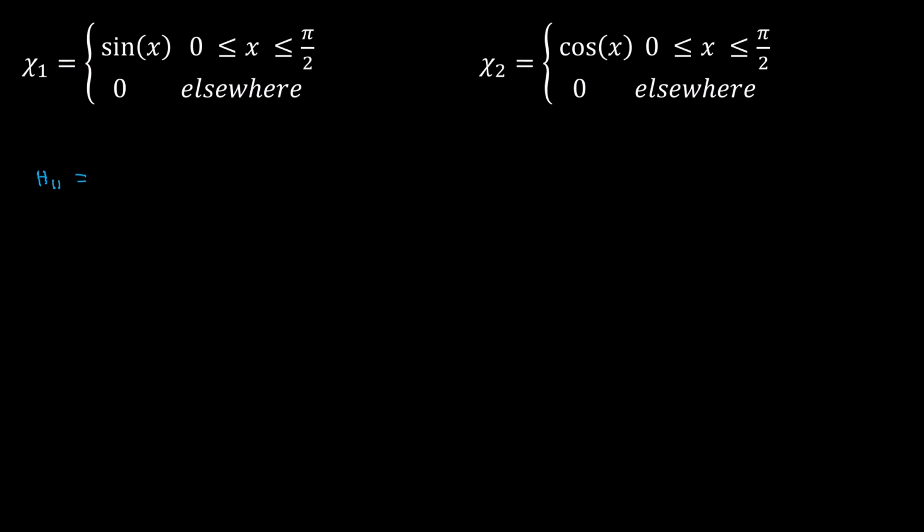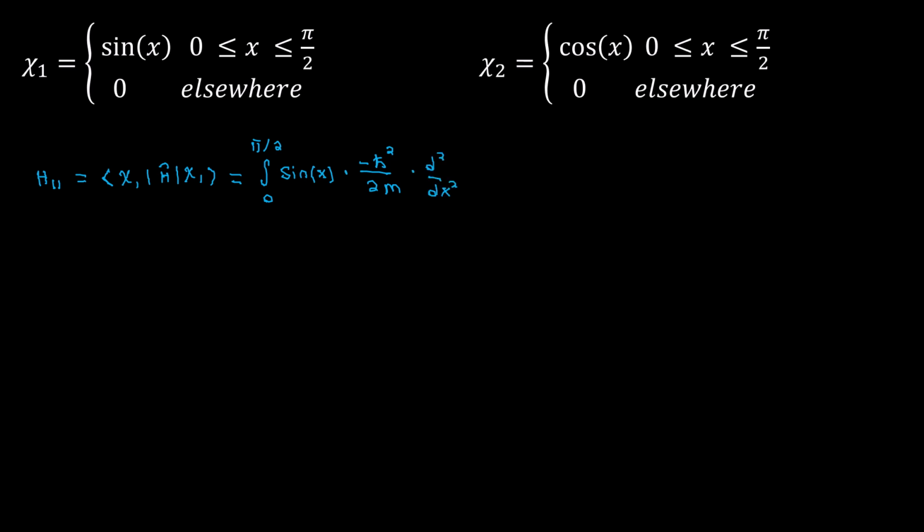And in bracket form, h11 we know is going to be ⟨chi1|H|chi1⟩, which expanded with integrals will be the integral from 0 to pi over 2, times we're now going to plug in chi1, which is sine of x. We're going to plug in our Hamiltonian, which is negative h bar squared over 2m times the second derivative.